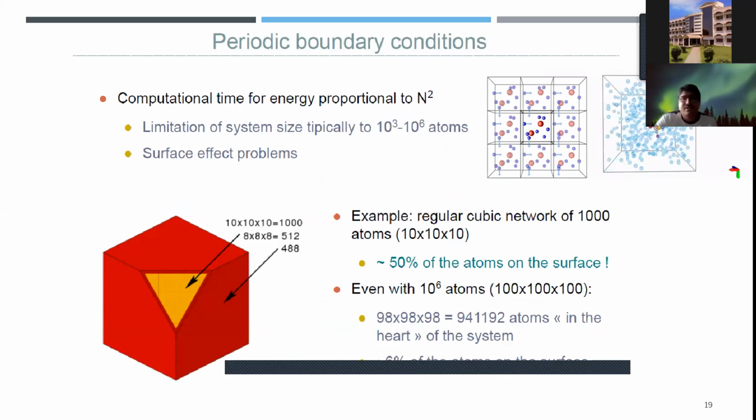The force exerted on the surface atoms will be different from the force inside the core part. To avoid this issue, we create a PBC. So when we create a PBC, one PBC is like the center atom.